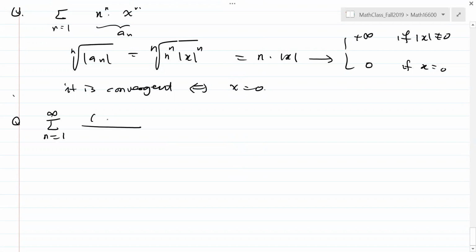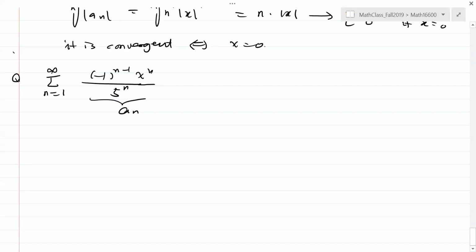Okay, so let's try the next one. Ratio test, root test, it doesn't matter.